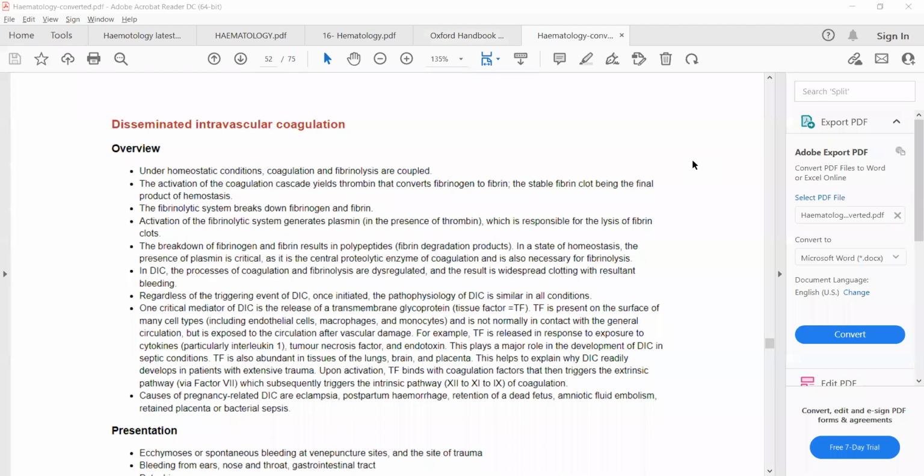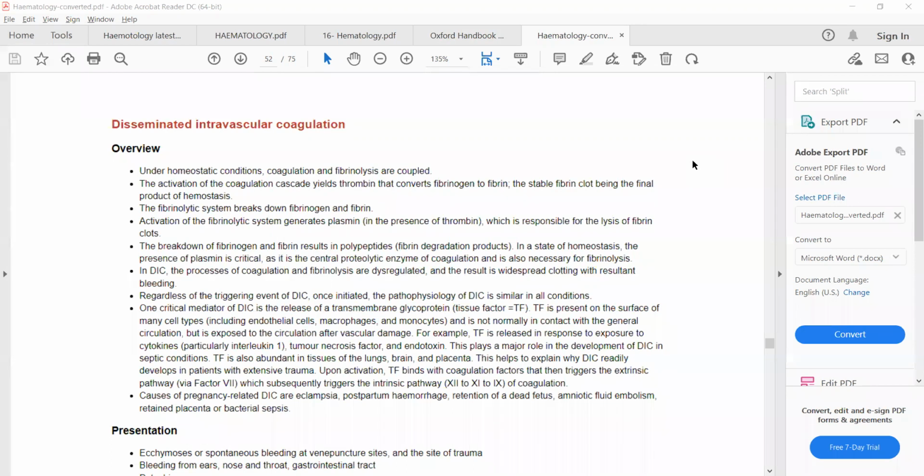Remember that normally under homeostatic conditions, coagulation and fibrinolysis are coupled. Whenever there is coagulation in the body, the fibrinolytic system is also activated to prevent excessive coagulation. So normally, there is a homeostasis between fibrinolysis and coagulation.